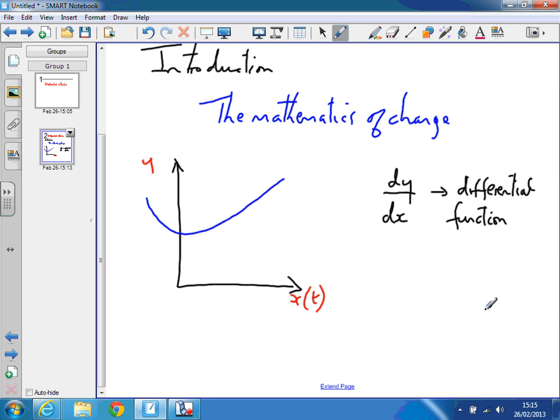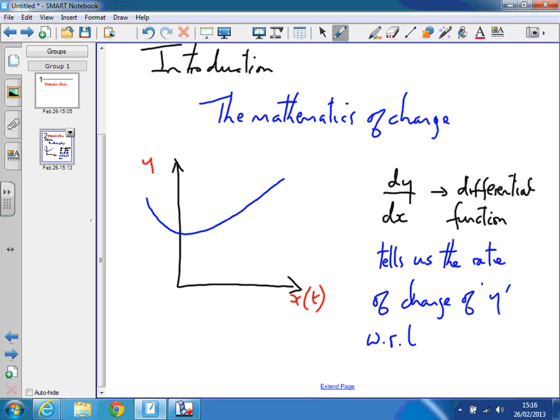And it tells us the rate of change of y with respect to x. With respect to, often abbreviated to WRT, with respect to x.